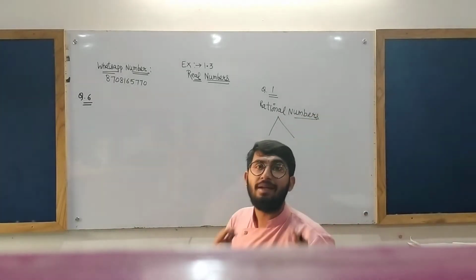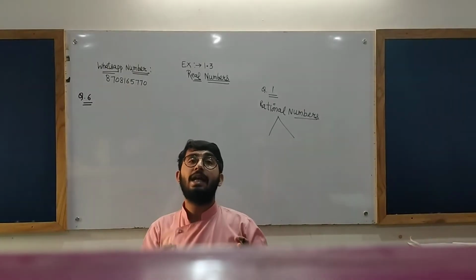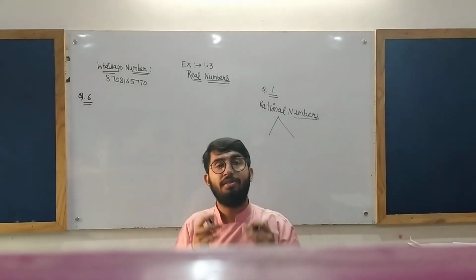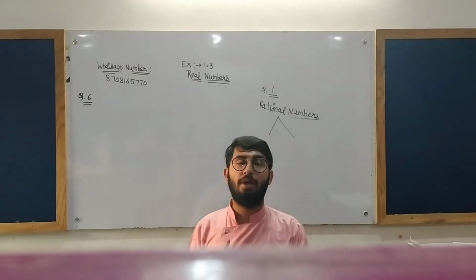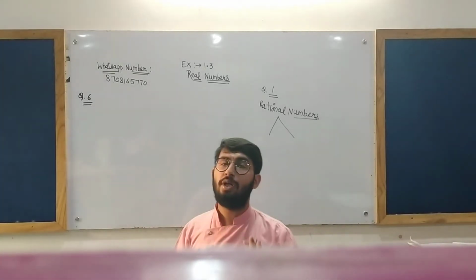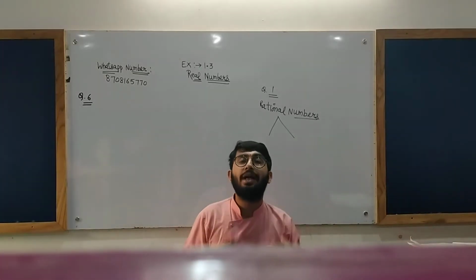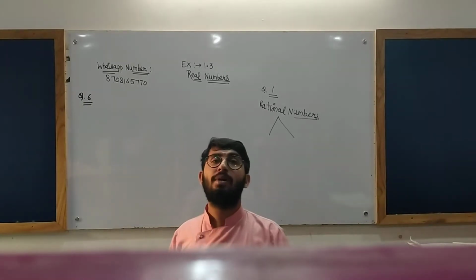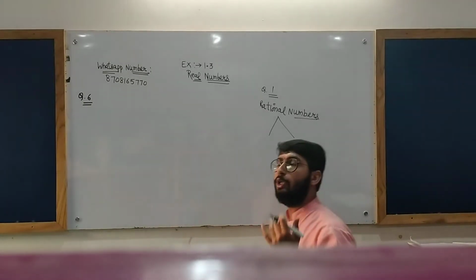If you want to recognize which decimal number is a rational number or irrational number, but here I am talking about rational numbers only. How will you recognize a rational number?